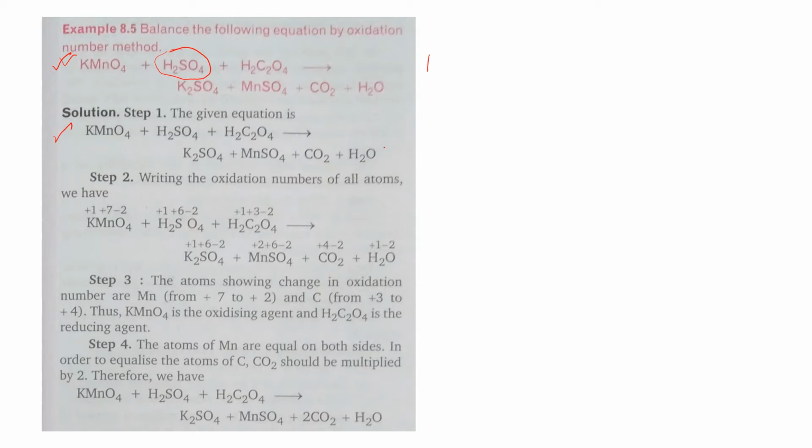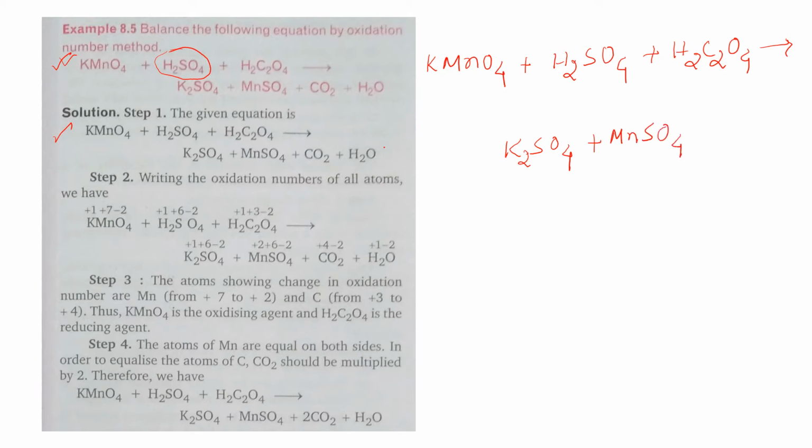It is written KMnO4 plus H2SO4 plus H2C2O4 is giving you K2SO4 plus MnSO4 plus CO2 plus H2O. Now start writing the oxidation number of each and every element.